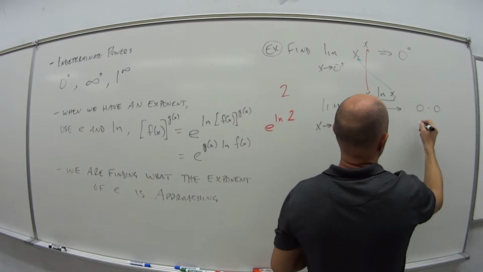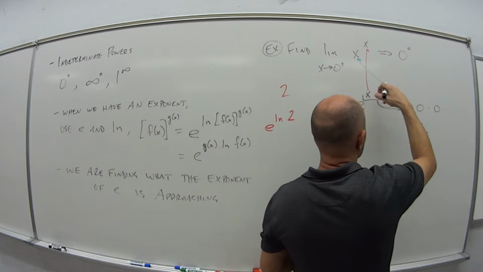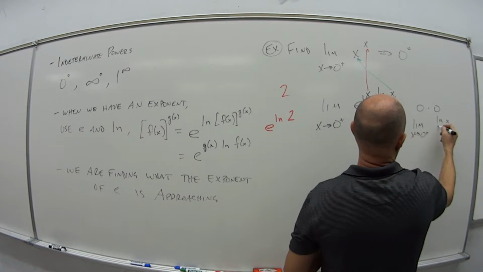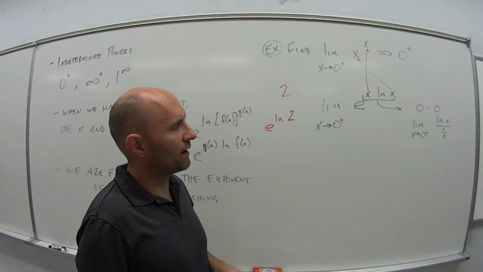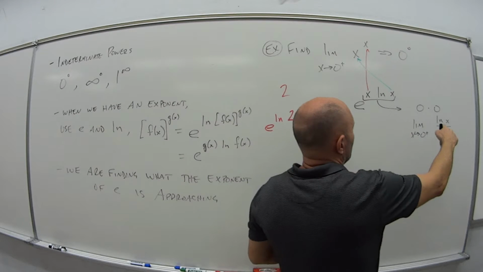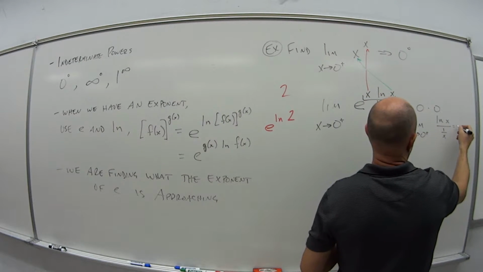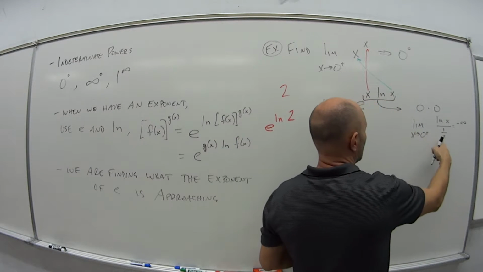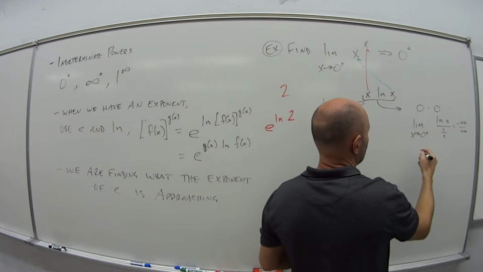I can rewrite this as the limit as x approaches 0 from the right of natural log of x over 1 over x. This was one of the examples we did in video 2. Now if I plug in 0, natural log of 0 is negative infinity, and 1 over 0 is infinity, so I can apply L'Hopital's rule to this piece.